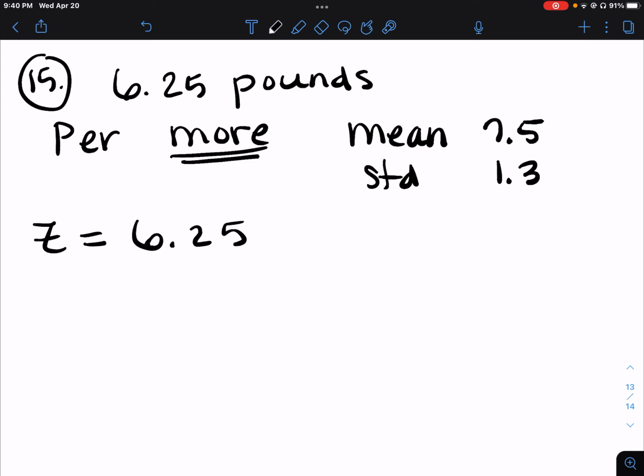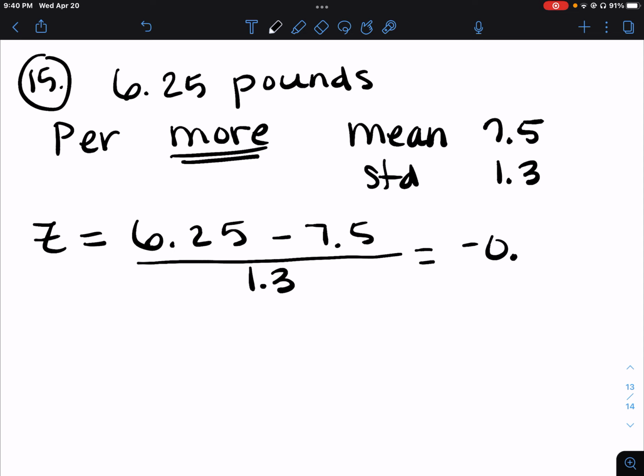Take the number minus the mean, divide. That's negative 0.9615. Round to hundredths because of the table.